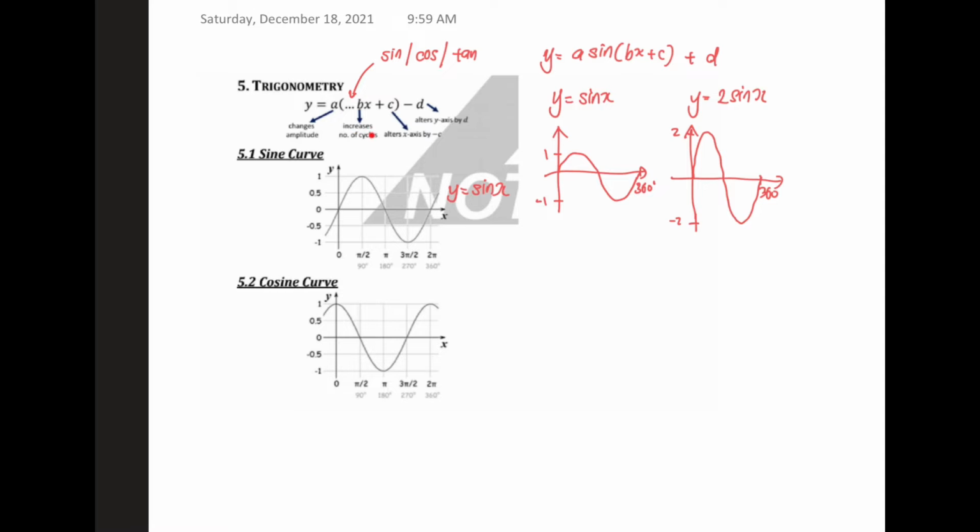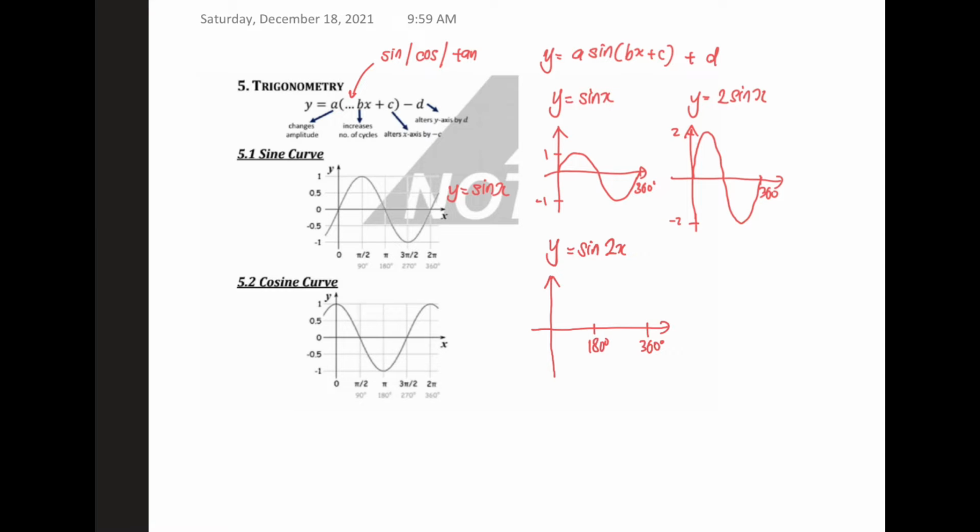Now we look at the next one. B increases the number of cycles. C alters the x-axis by -c. D alters the y-axis by d. Now let's see more examples. If I have y equals sine 2x, this is where it increases the number of cycles, into 2 cycles. In 360 degree, it has to make 2 cycles.